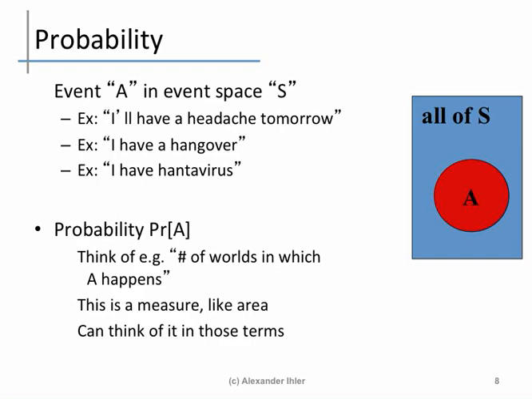The probability of some event, Pr(A), essentially counts what the chance that A is true is. So you can think of this as perhaps being something like the number of universes or the number of worlds in which A would happen. This is essentially a measure, kind of like area.